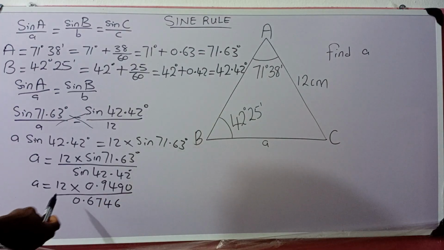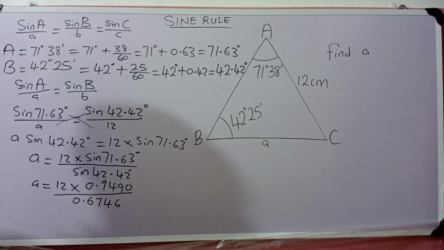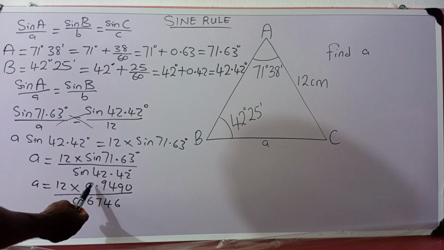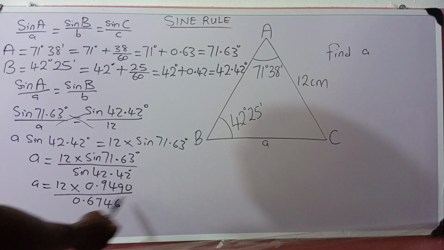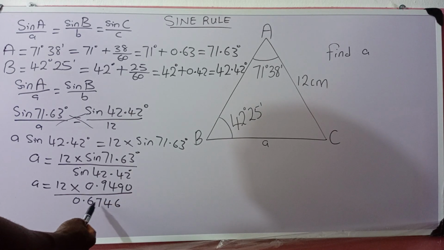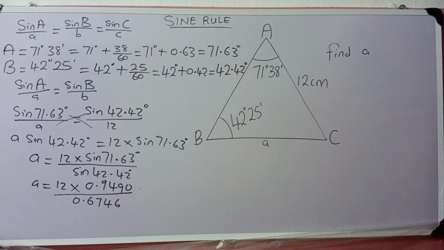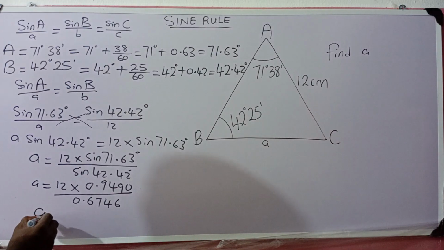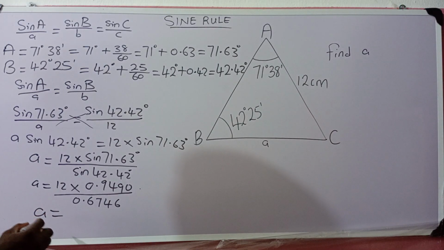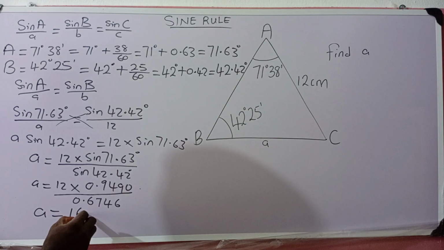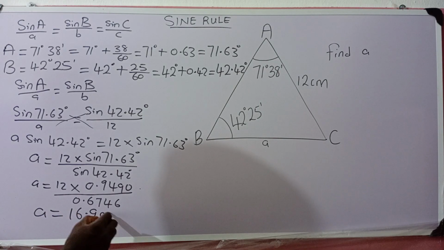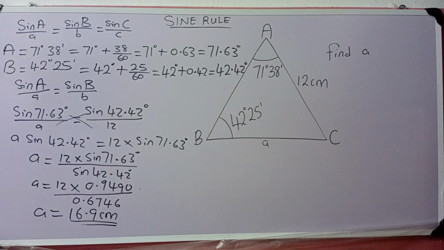All right, so use your calculator to get the final answer. So 12 times 0.9490 divided by 0.6746. The value of A, point your calculator to get the final solution. That will now be 16.9 centimeter. That becomes the solution to this particular question.